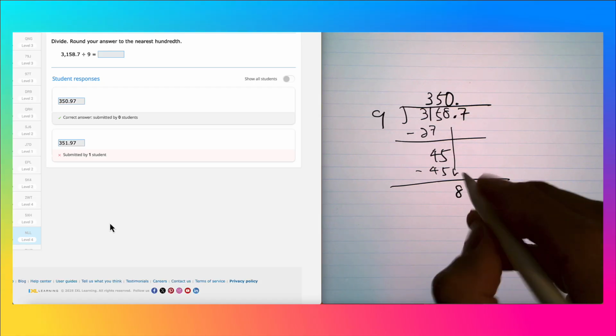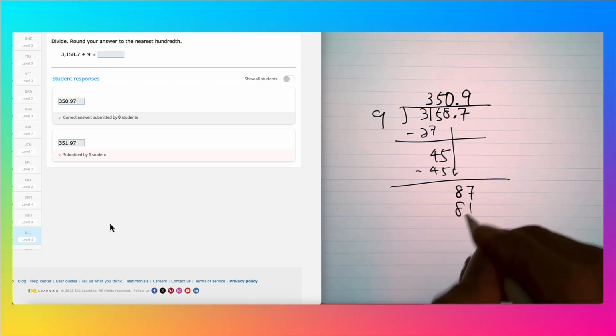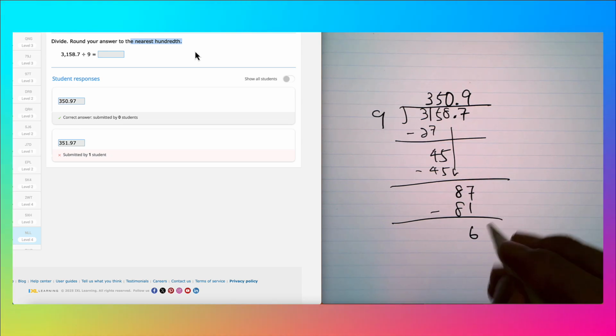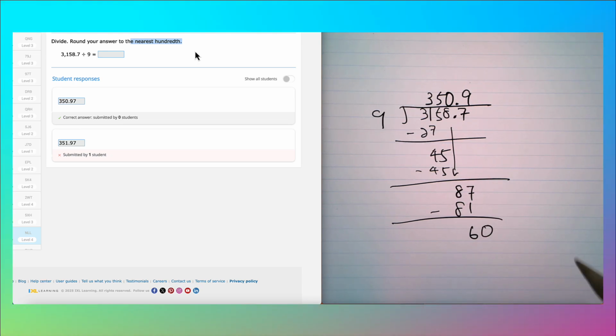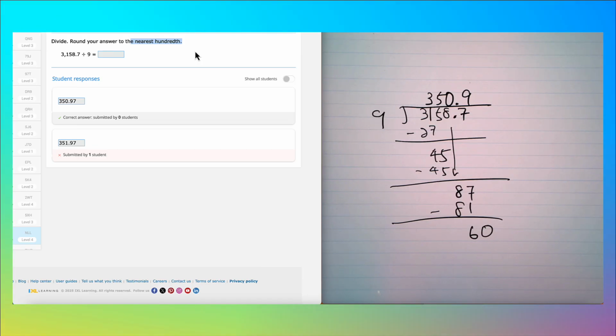And then when you bring down 7, 9 times 9 will give you 81. You get 6. Read the direction. It said nearest hundredth, so we have to keep going until we get the thousandths place. So 2 more digits to go. So we're going to put another 0, and 7 is too much. 76. I'm sorry, 63.